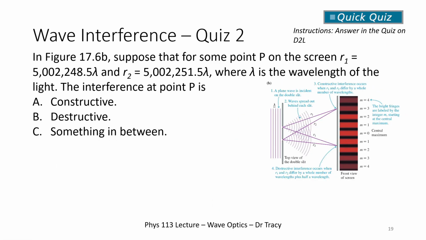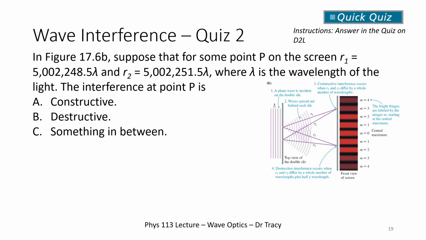We have this quiz that we did on Wednesday, where we asked what is the difference between the path lengths for two radii and whether they perform constructive or destructive interference. I'm going to pause this for a second, or recommend you pause if you want to rethink this before I put up the answer.